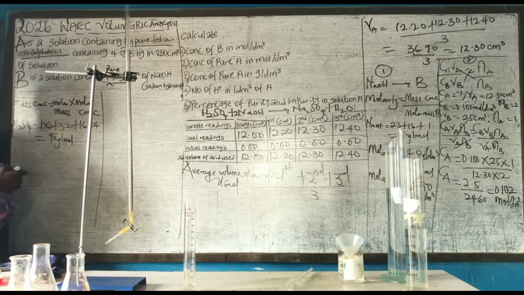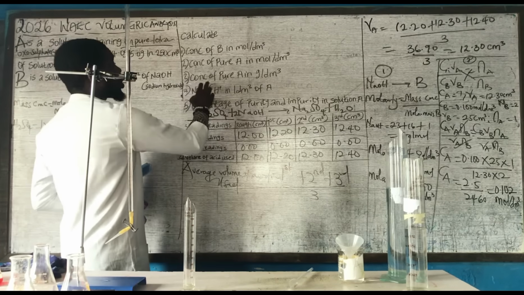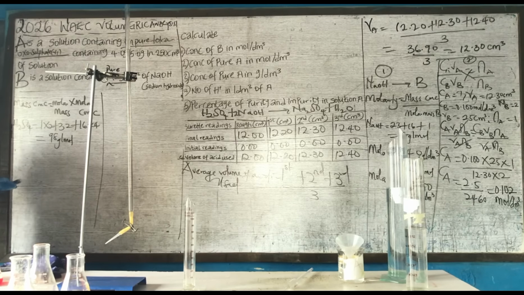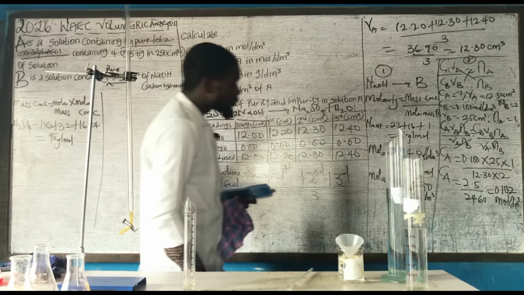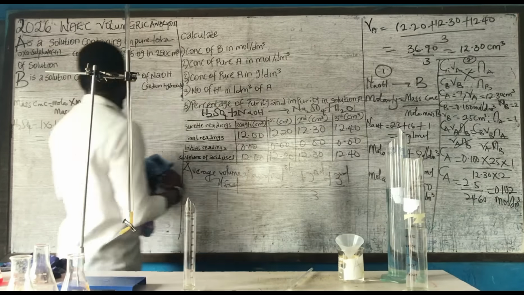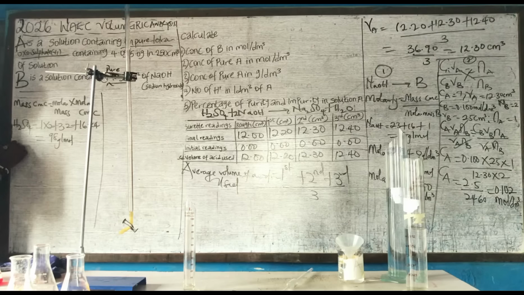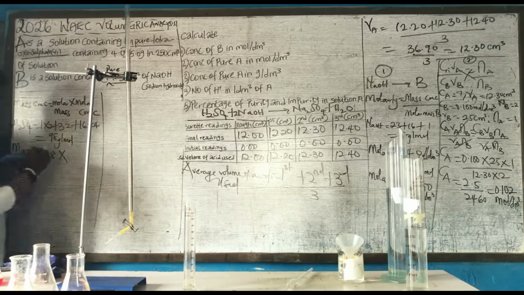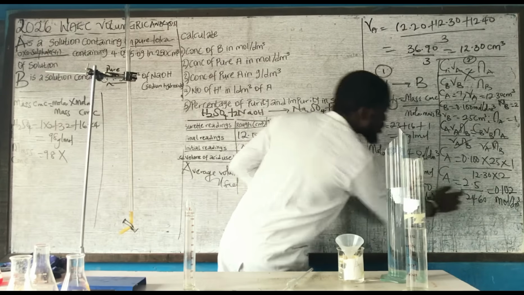So for the acid, mass concentration equals the molar mass, 98, multiplied by the value you have here, which is what?